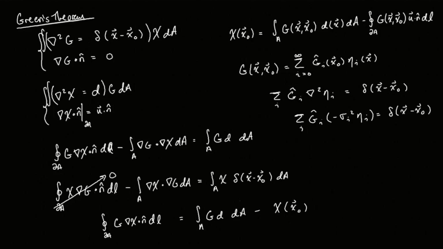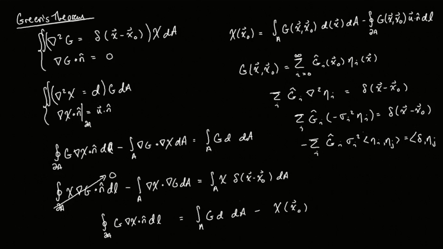And what we can do now is multiply this whole thing by eta j and integrate over space. Pull that minus sign out front. If I do that, what I have is an inner product of eta i with eta j, and we get the inner product of delta with eta j. Cool.